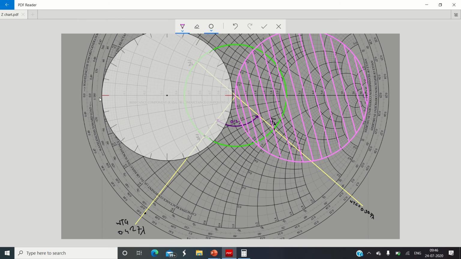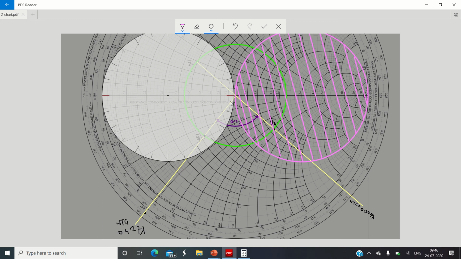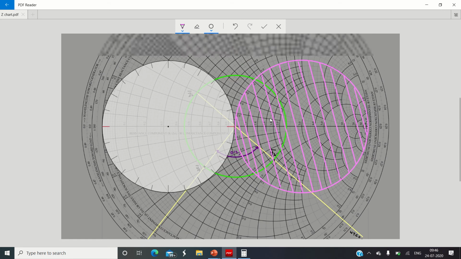Adjust the location of your center point such that on the right-hand side it touches the real axis going through the Z0 point, and on the left-hand side it touches this particular point. You take the distance in the compass in that way, and then you draw the tuner circle.